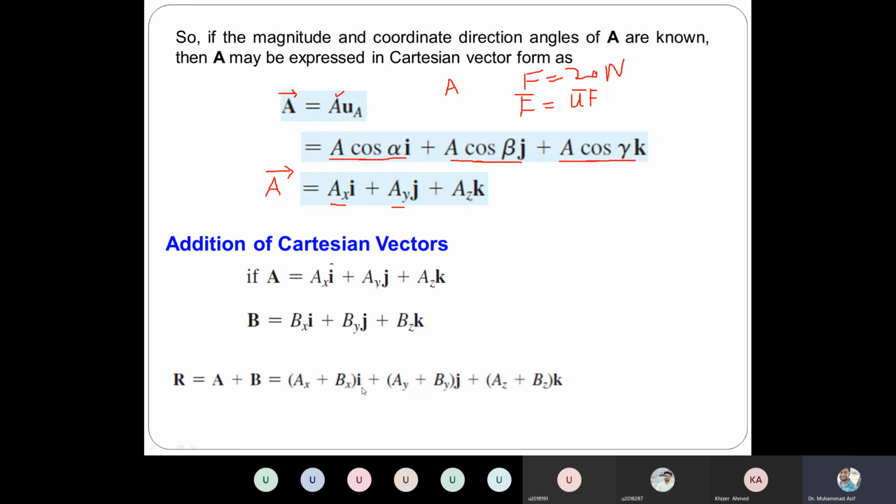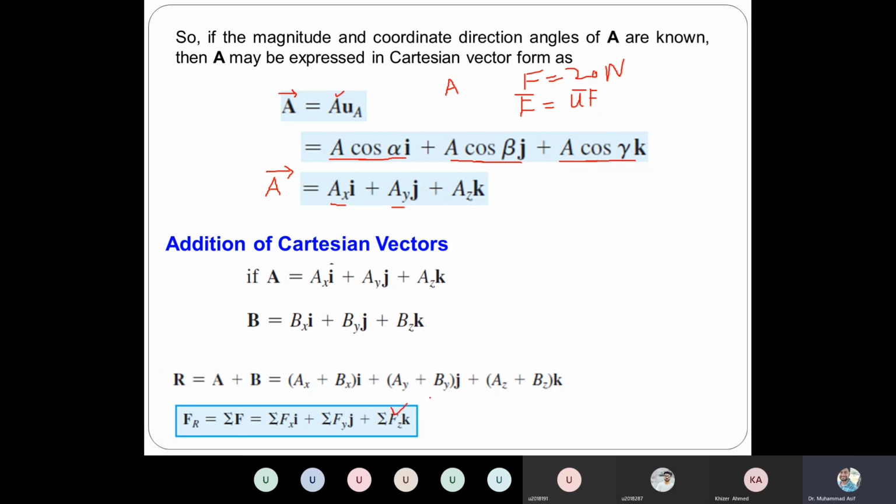So we have to join the i component, the j component and the k component in vector addition. The resultant force will be the sum of all the x components, the sum of all the y components, and the sum of all the k components. You just have to add the third dimension.